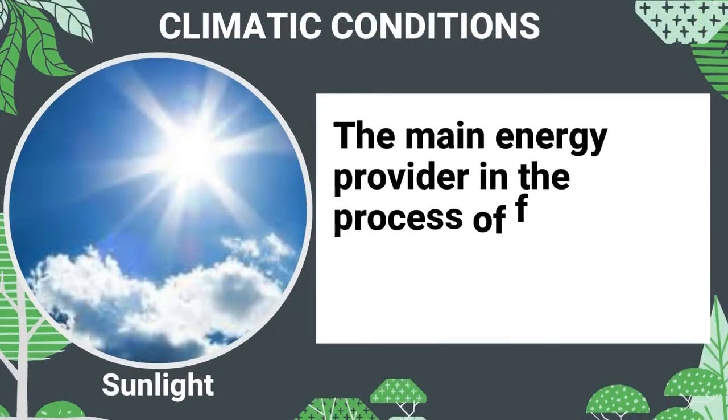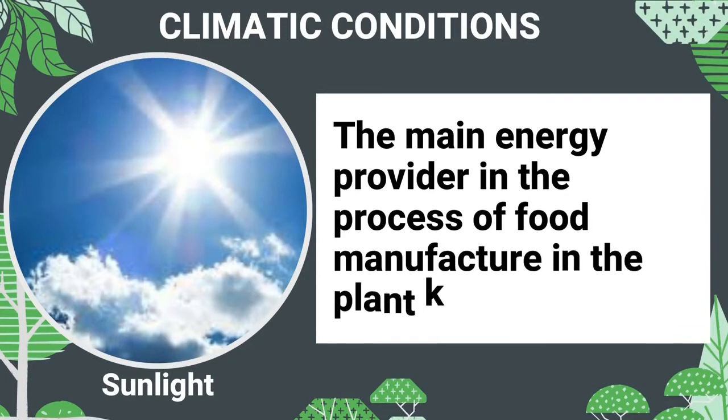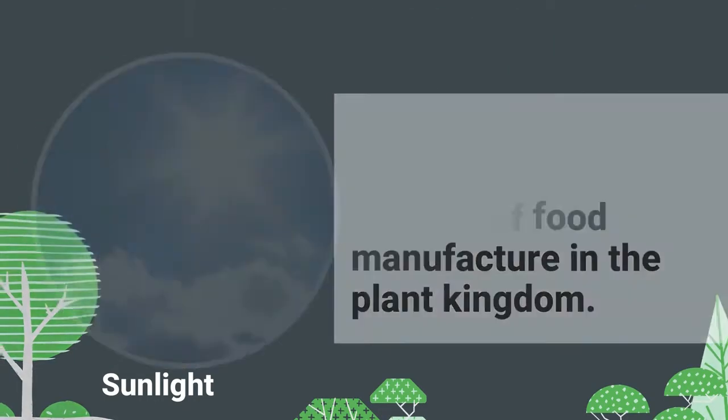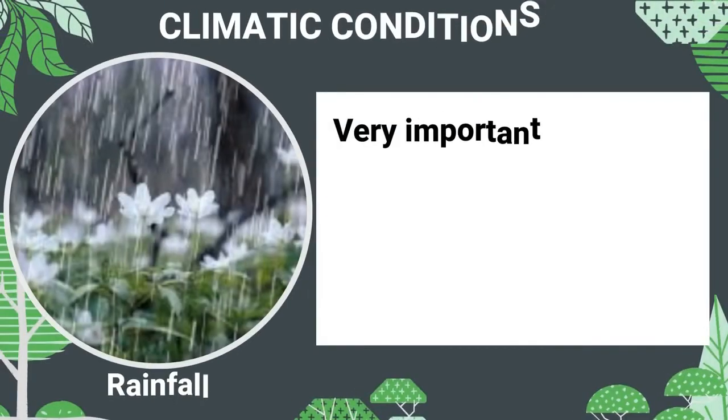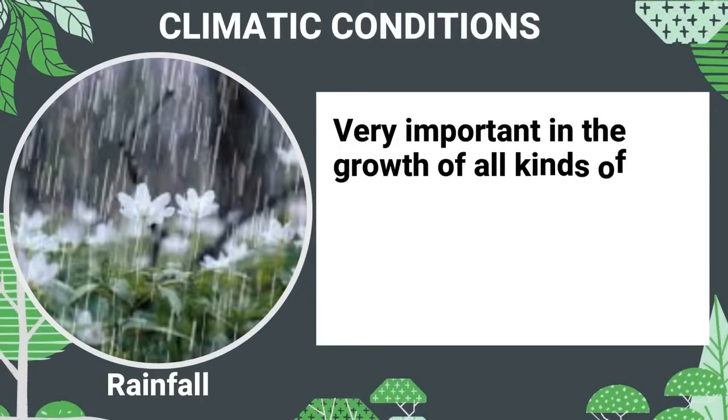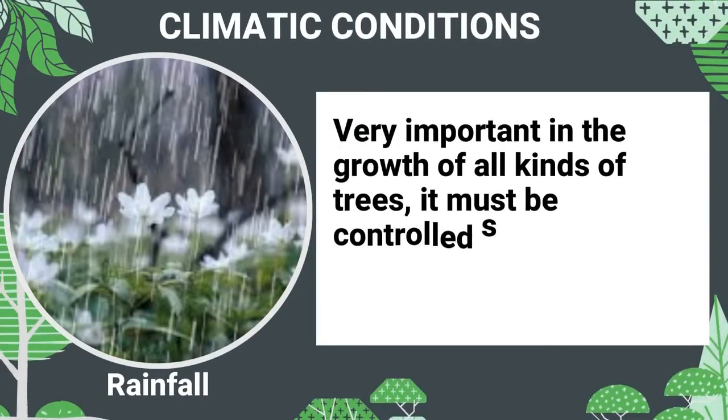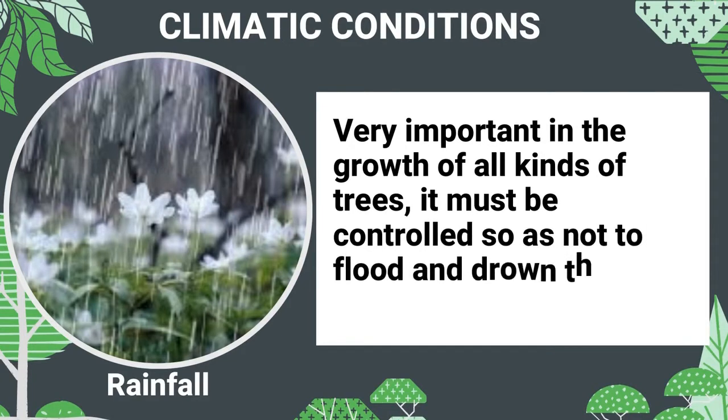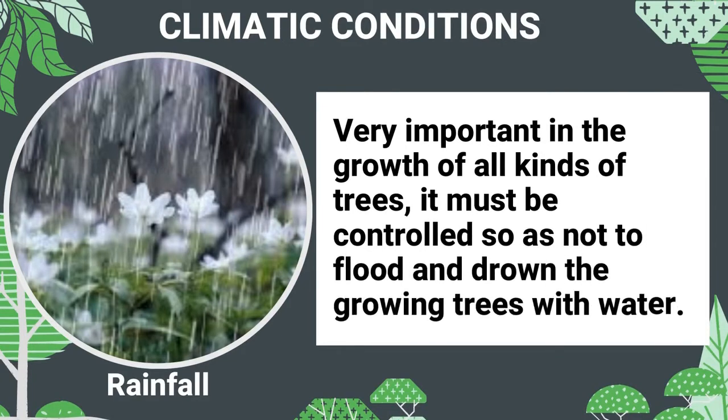Sunlight is the main energy provider in the process of food manufacture in the plant kingdom. And we have rainfall. Rainfall is very important in the growth of all kinds of trees.